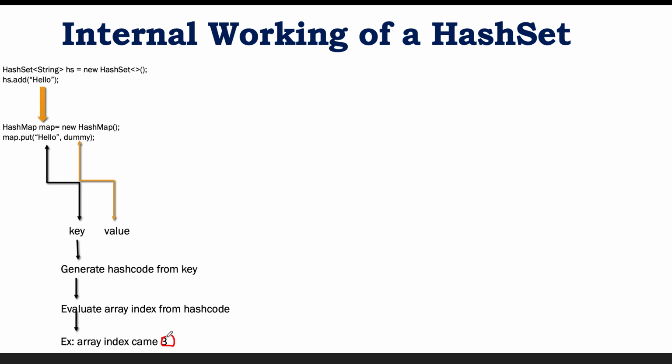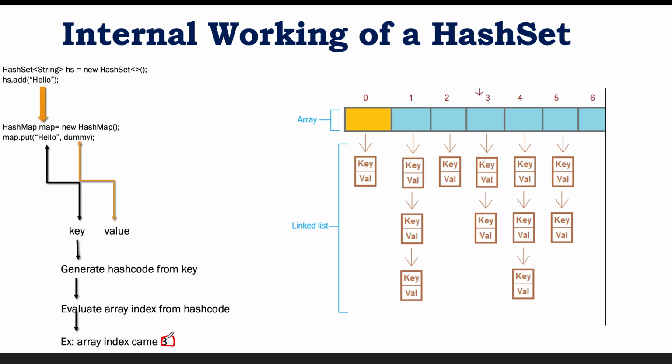Let's say it gets the index as 3. So it is going to form an array, something like this, and we know that an array works based on indexing. Before inserting the element, it performs this operation. So this time it got 3, so it will go to index 3 and insert the element there.